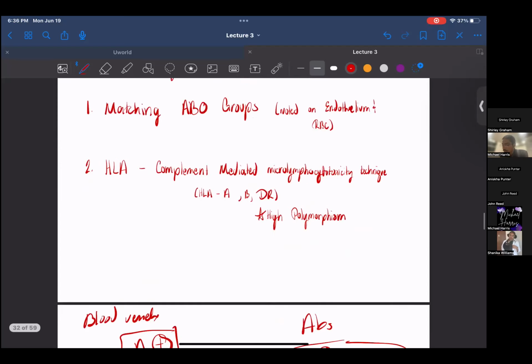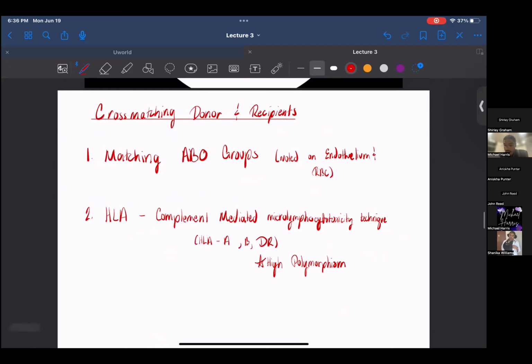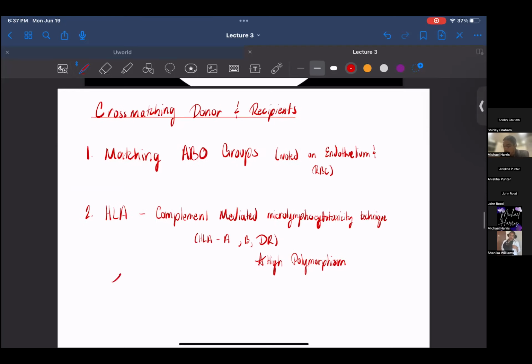Now, the second thing you got to think about is the HLA component. We've already gone over this many times, HLA. These HLA components are noted on all cells, type 1 or type 2. Type 2 is noted on your APCs, right? Your macrophages, your B cells, your dendritic cells.